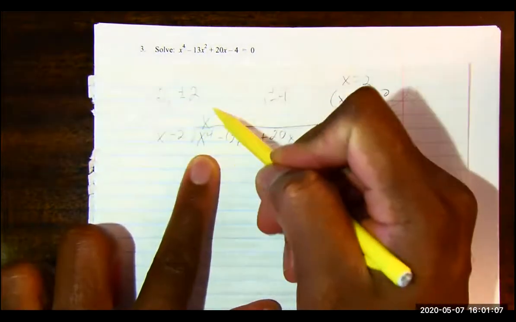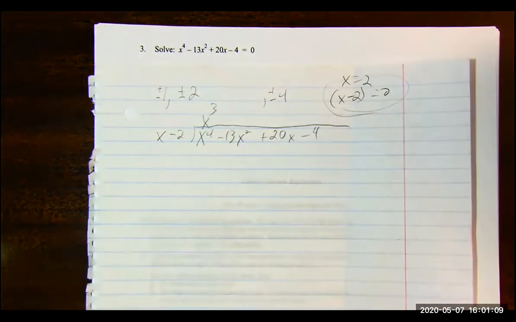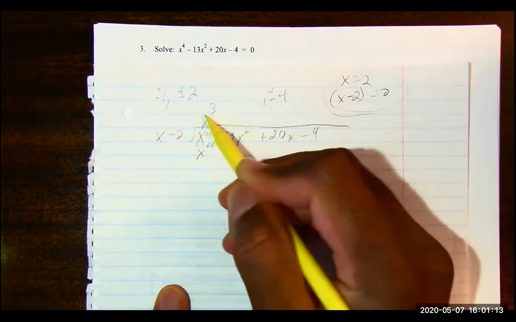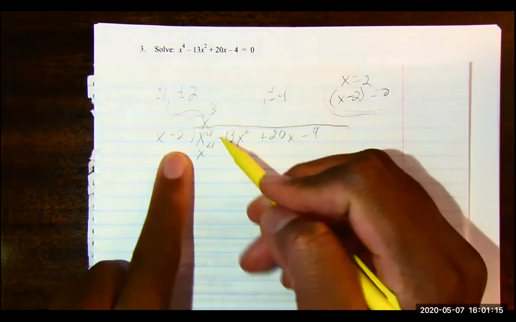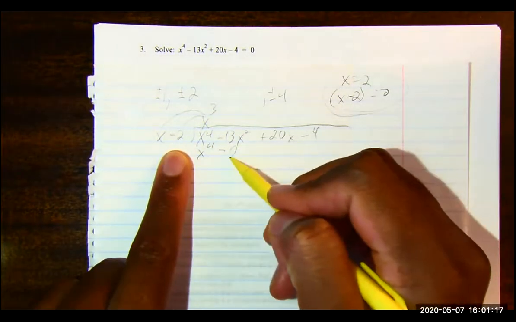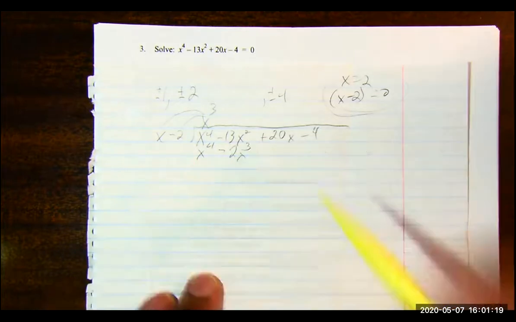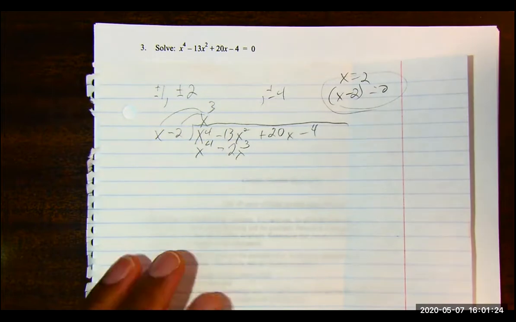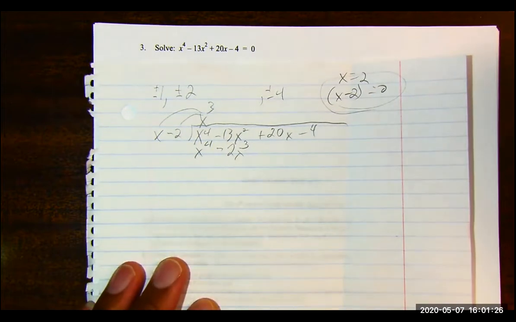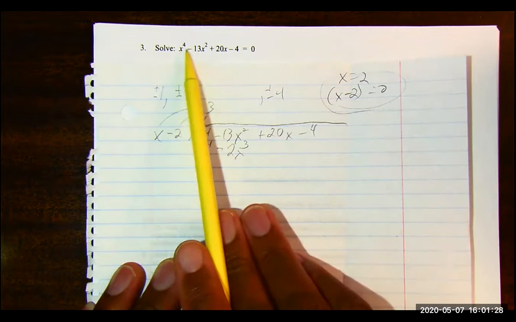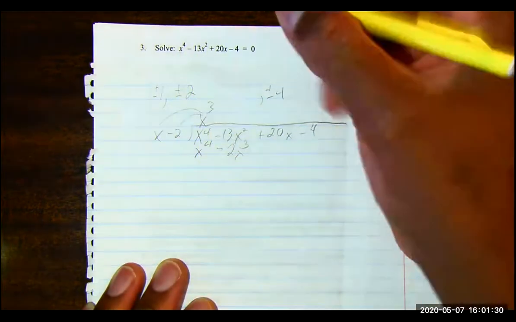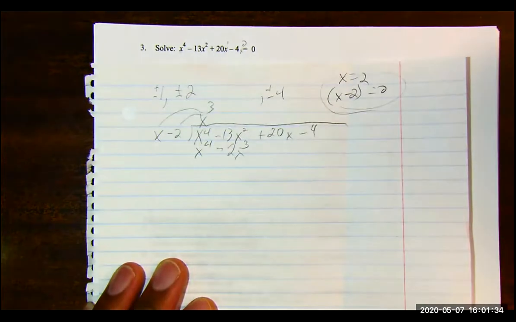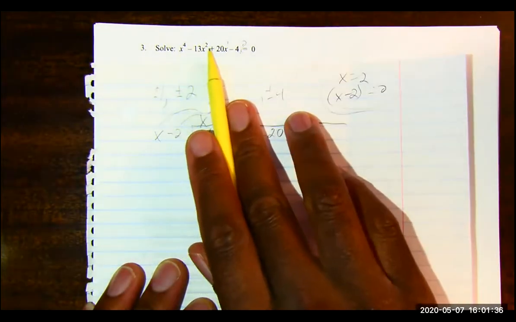X times x cubed is x to the 4th. X to the 4th, when we multiply, minus 2x cubed. Oh, shame on me. I didn't check my values. Remember, it should be in descending order. 4, 3, 2, 1, 0 for x raised to the 0 power.